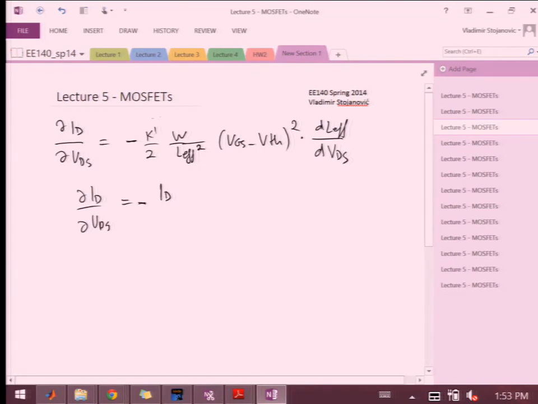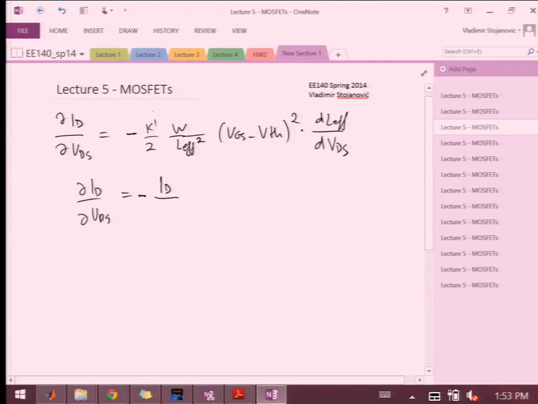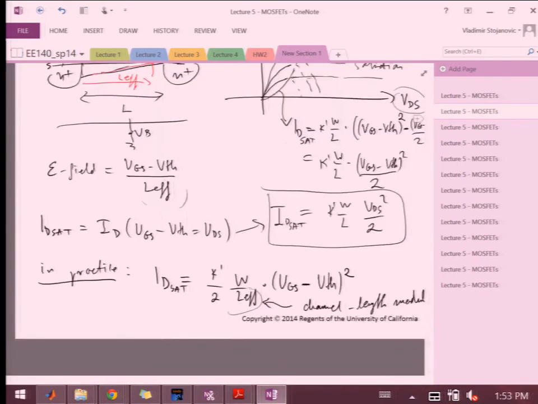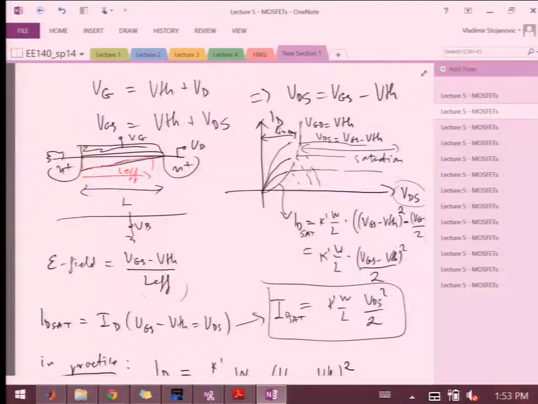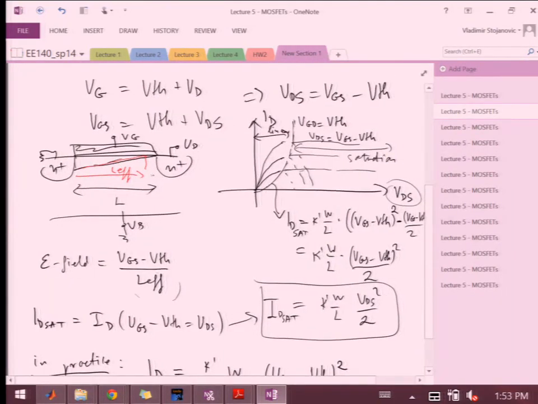So minus ID over L effective times dL effective over dVDS.